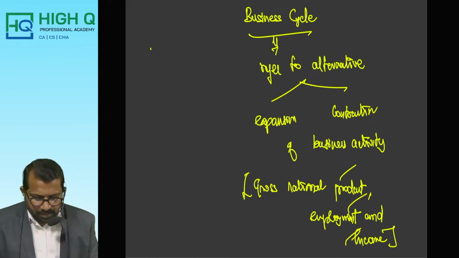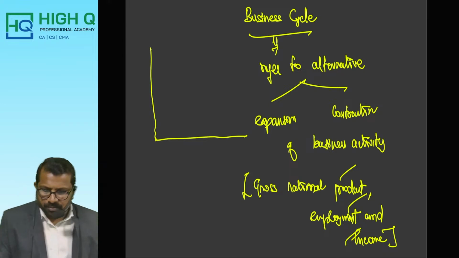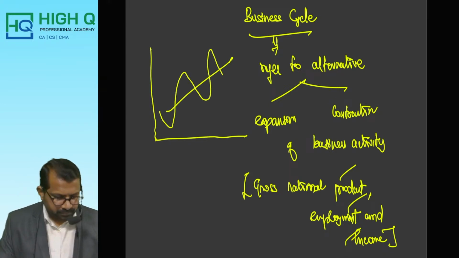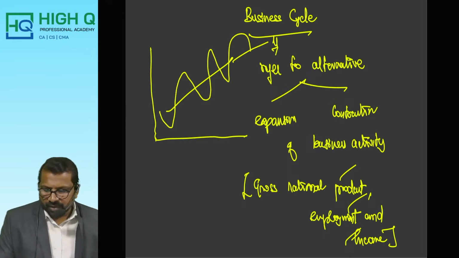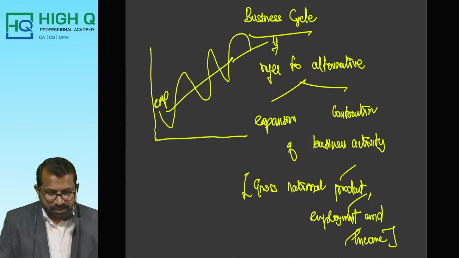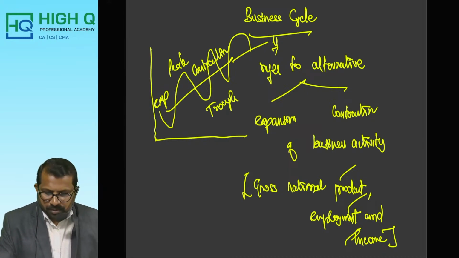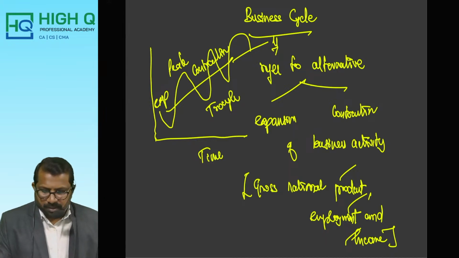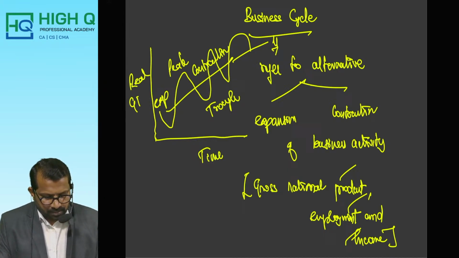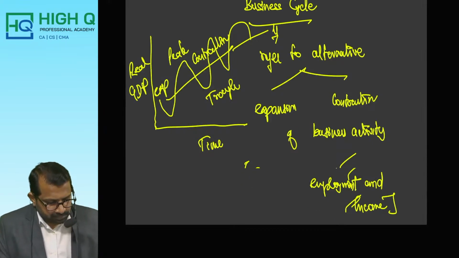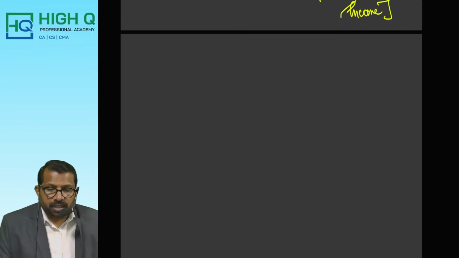For this business cycle, here is the expansion stage, peak stage, contraction stage, trough, with time on one axis and real GDP on the other. So there are 4 types of stages.